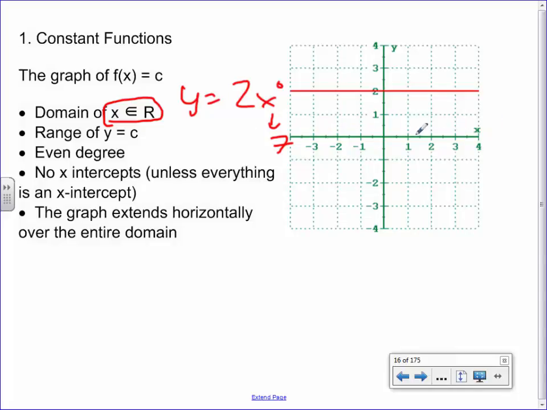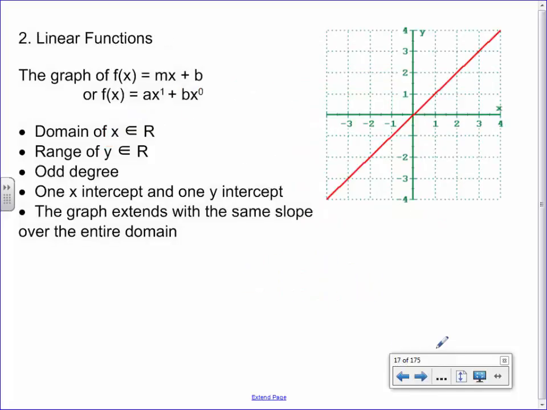If the graph was right across this way, everything would be an x-intercept, but this guy will never cross. One of the reasons why is, can I write it with an x minus 2 like that? Well, no, because there's not even an x. It's literally just x to the 0. There are no variables in this thing, right? So there's your constant function.